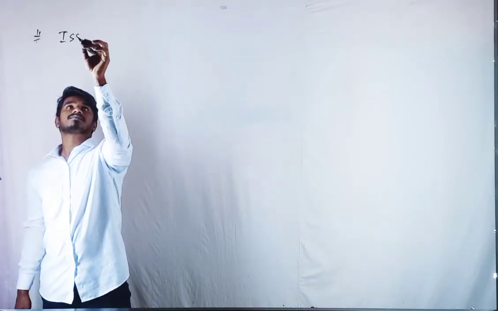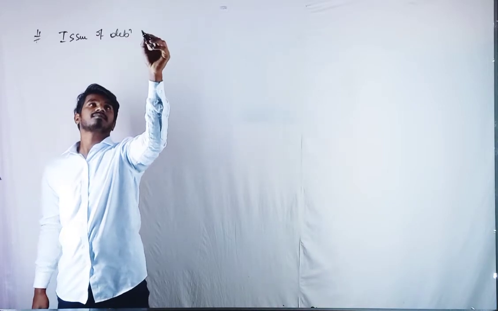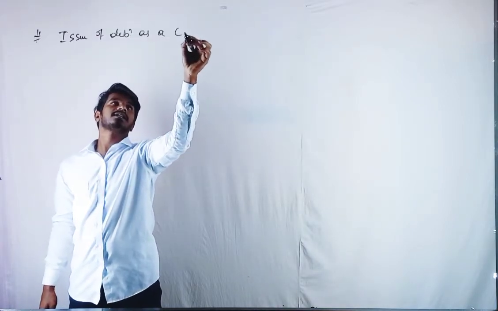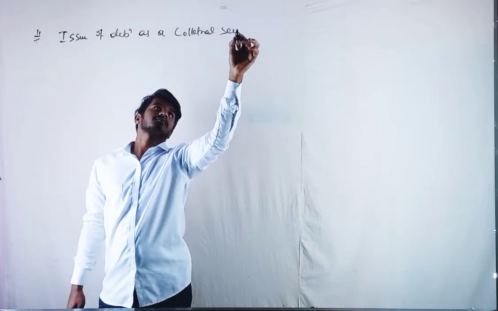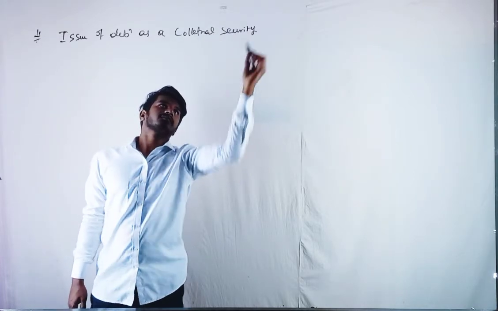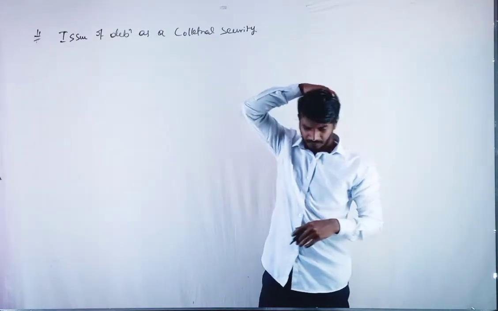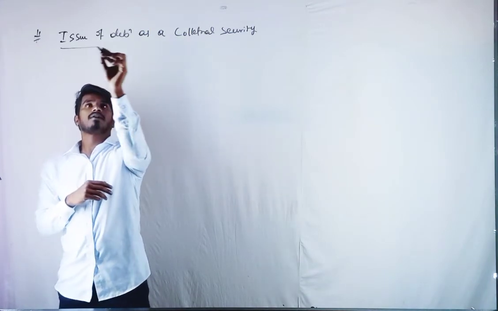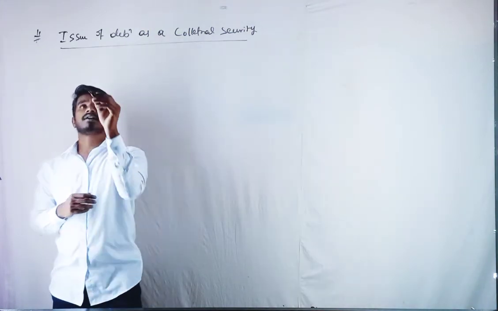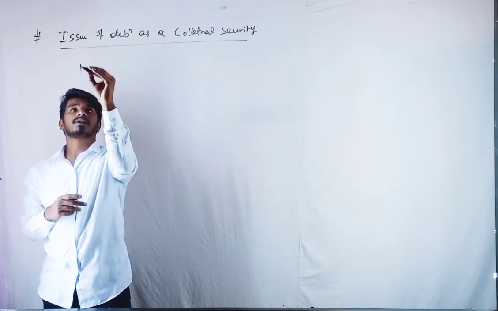Issue of debenture as collateral security. Let us understand this. You have taken a loan through mortgaging your building.